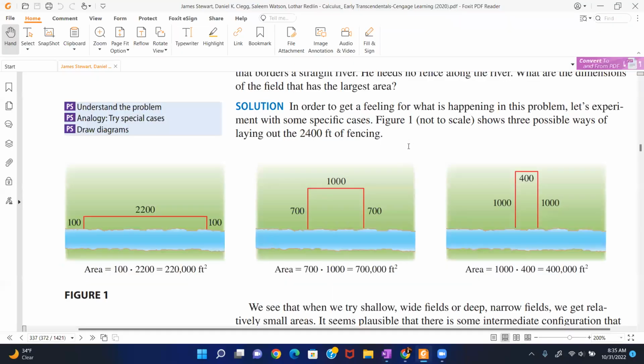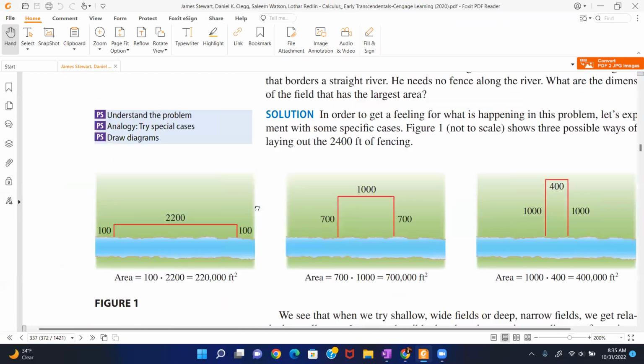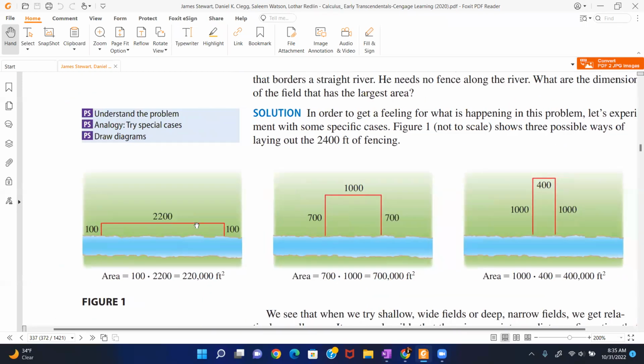So here's the problem. A farmer has 2,400 feet of fencing and wants to fence off a rectangular field that borders a straight river. He needs no fencing along the river. What are the dimensions of the field that has the largest area? So you can imagine there's a lot of configurations. Here's one, there's one in the middle, and there's this other one.